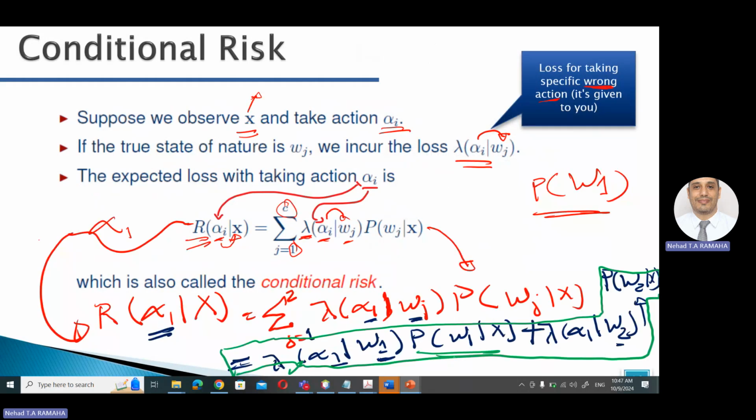This one we have to calculate, and probability of W2 given X you also need to calculate from this formula. So like this, we can calculate the conditional risk.